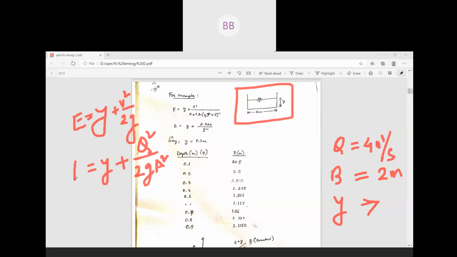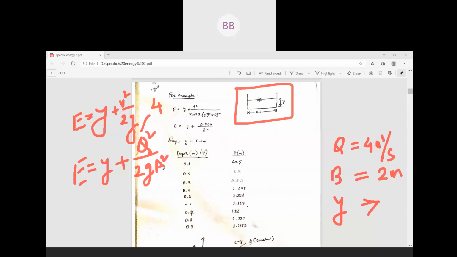Now in this equation, energy is not known; that is, specific energy is not known to us. The y value is also not known. Discharge is given, that is 4 meter cube per second.